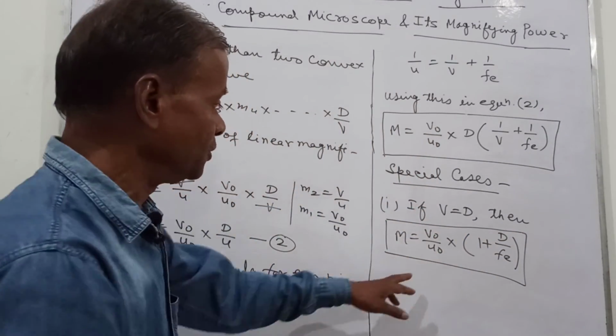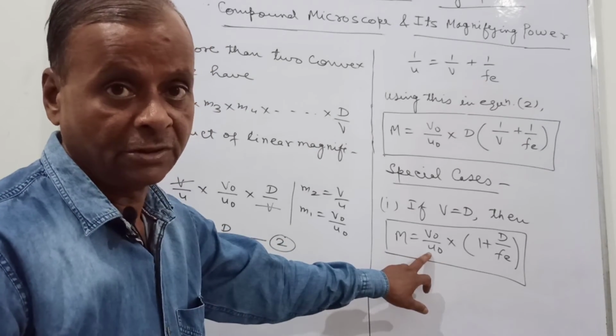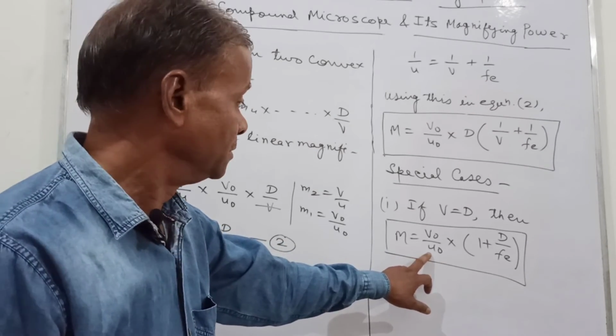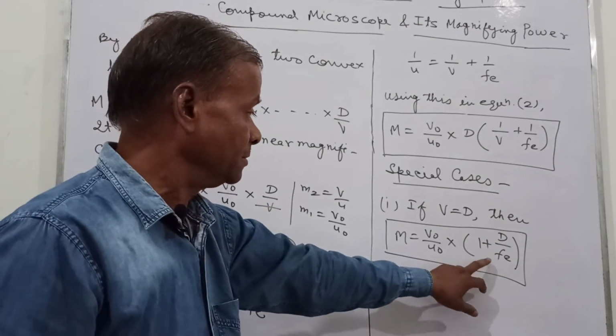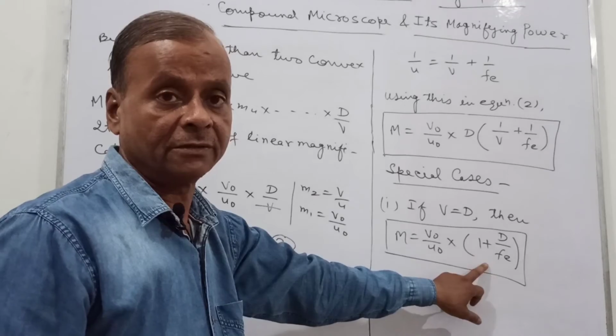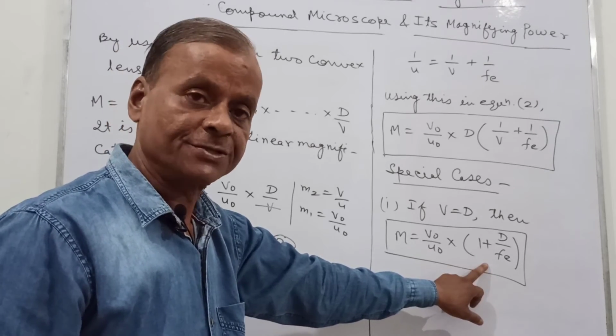And V naught upon U naught is the linear magnification of the objective lens, and this is the magnifying power of the eyepiece.